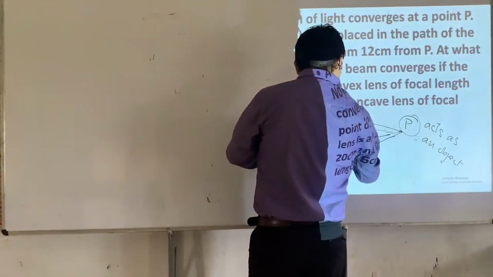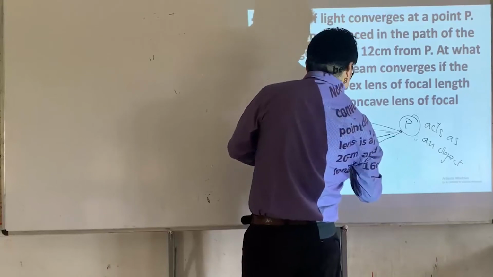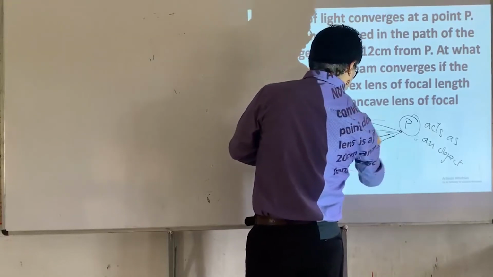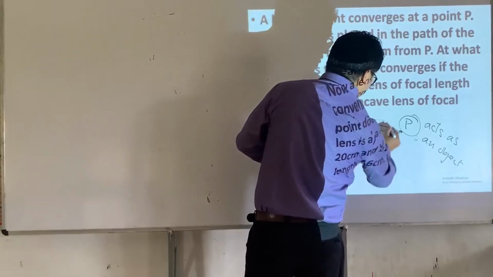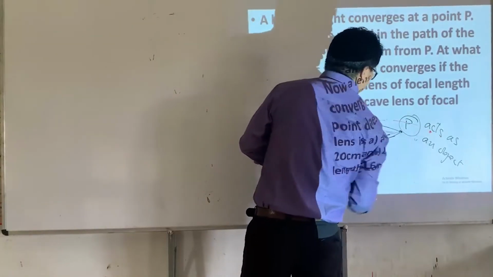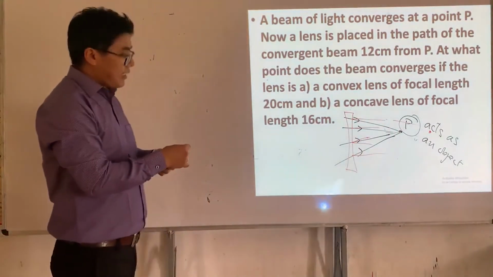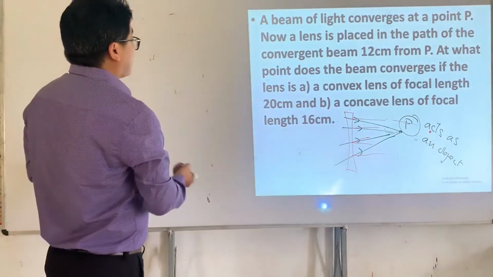If I give a concave lens here, it will diverge. Maybe finally somewhere here it is going to meet. Alright. So this is what we have.